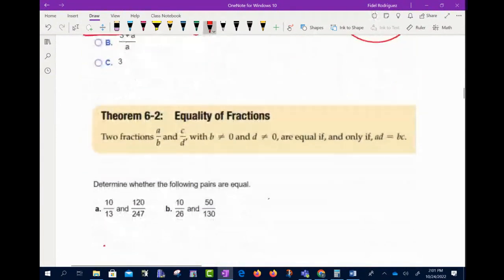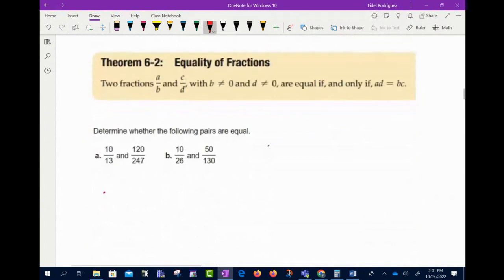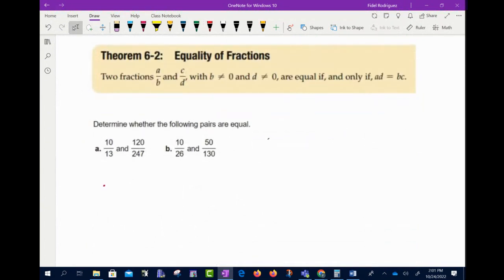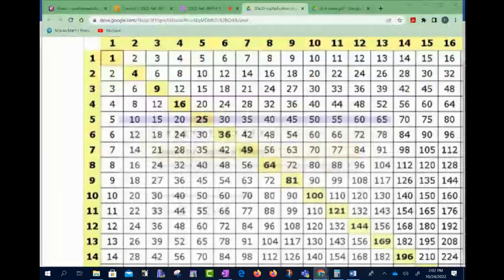Let's keep moving along. Okay, equality of fractions, y'all. Equality of fractions just says two fractions are equal to each other if, when we cross multiply, those numbers are going to be the same, okay?